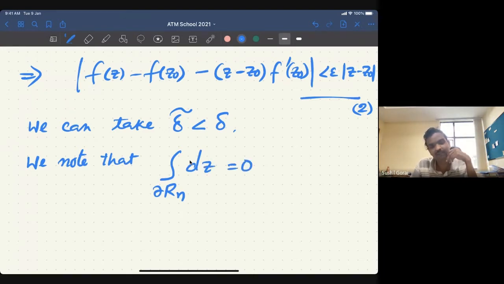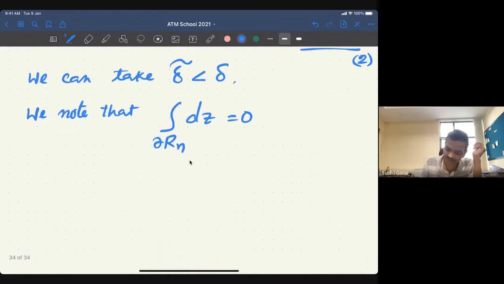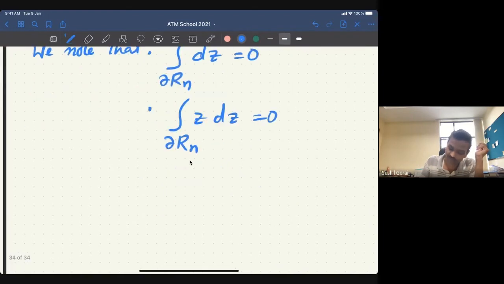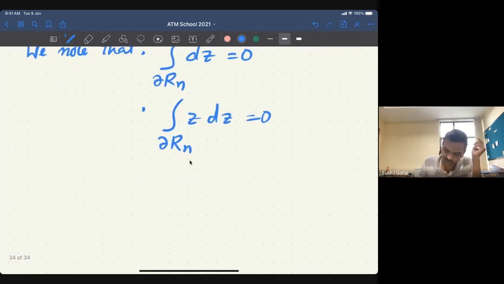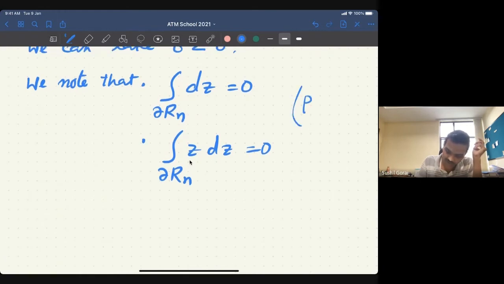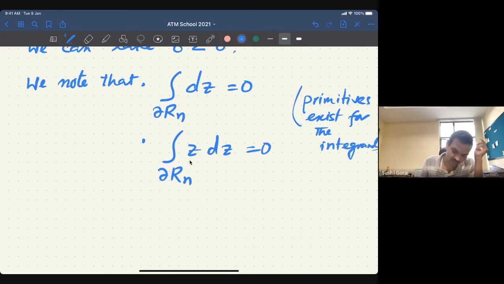Because 1 has a primitive, which we did last time. We also know this is a closed curve and the function z has a primitive, so the integration of z dz is also 0. So in this case, a primitive exists for the integrands.